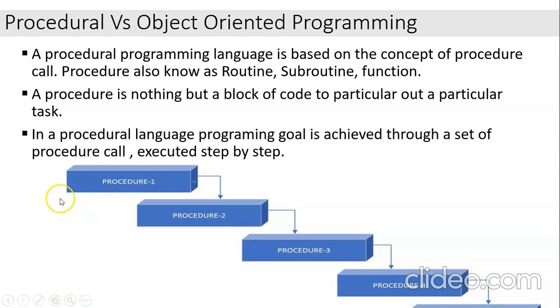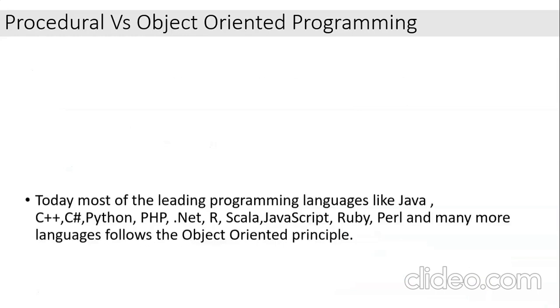A program may have various procedures, like procedure 1, which may call procedure 2, and then procedure 2 may call procedure 3, or procedure 3 may call procedure 4, or procedure 4 can call another procedure. This way it executes a step-by-step process, one procedure after another. So it is also known as a top-down approach.